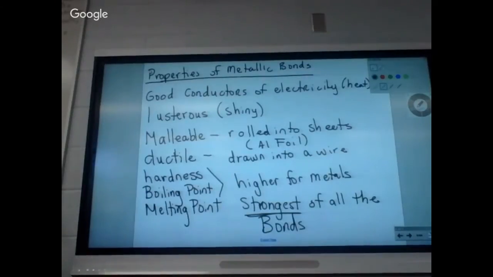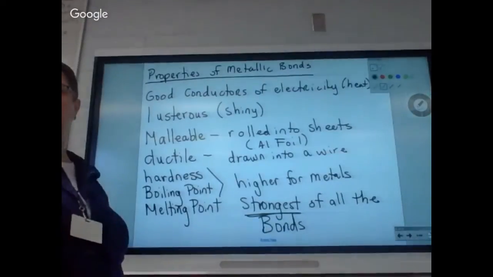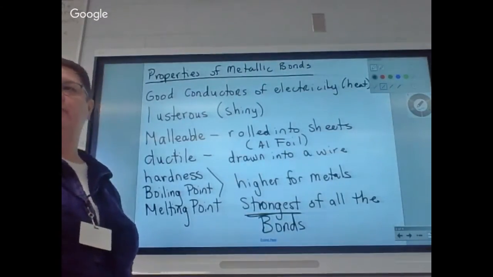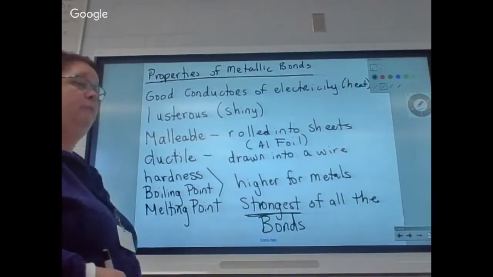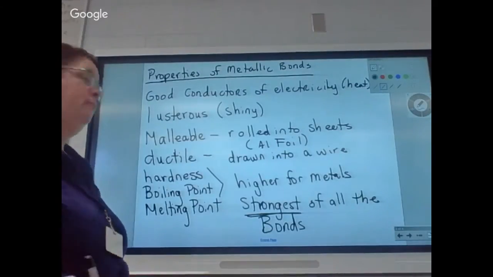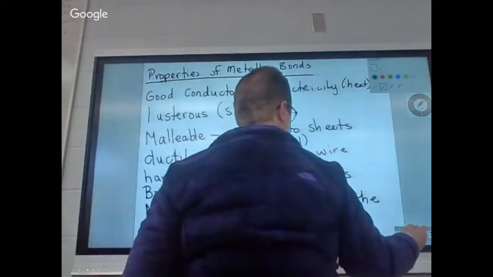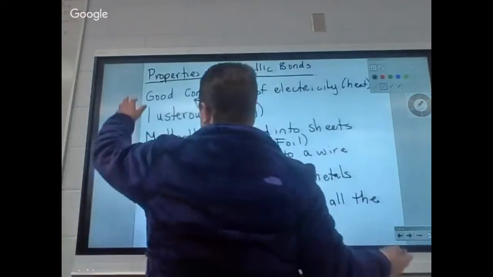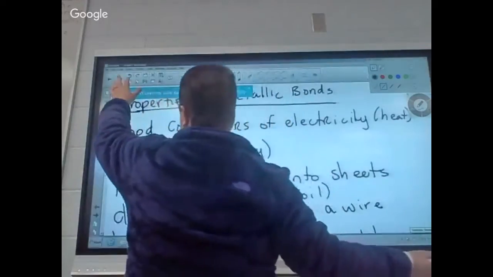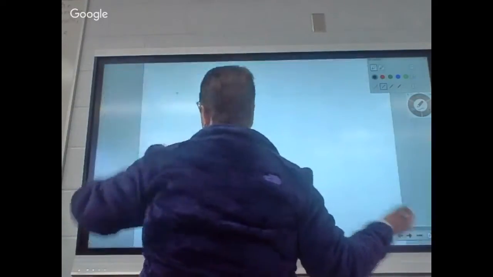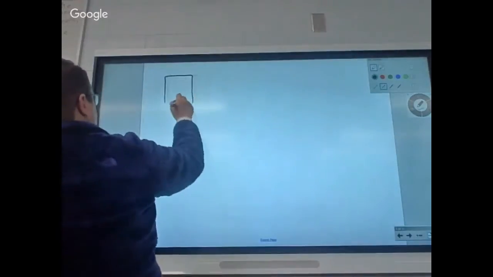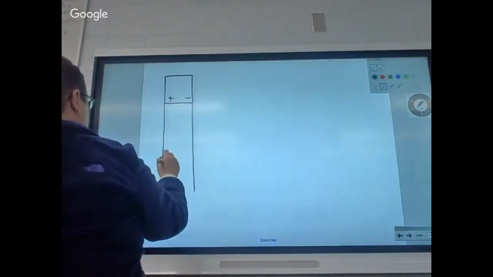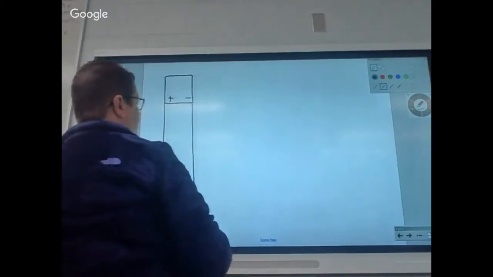Yeah? Now, the last thing I want to talk about is how conductivity works. Now you can check for it. I don't know if my conductivity tester still works, but I can pull it out and see, but my battery's probably dead. The one I have has a battery, it has a lead, it has a light, and that's it.